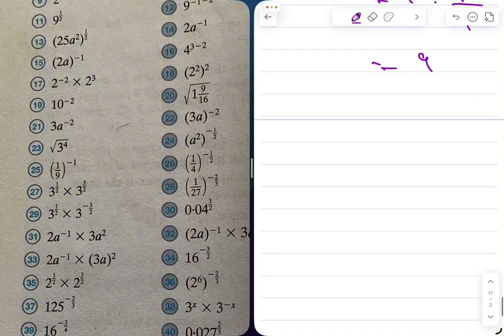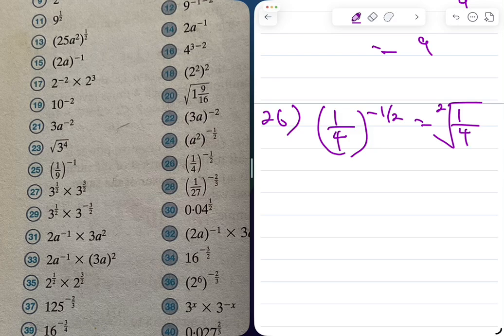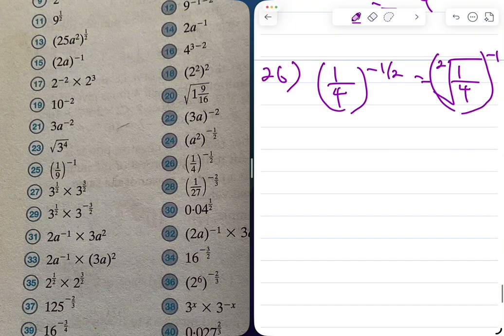Now to the next, which is number 26. Number 26, that's 1 over 4 raised to power minus 1 over 2. That is the same as the square root of 1 over 4 and the whole of that raised to power minus 1.